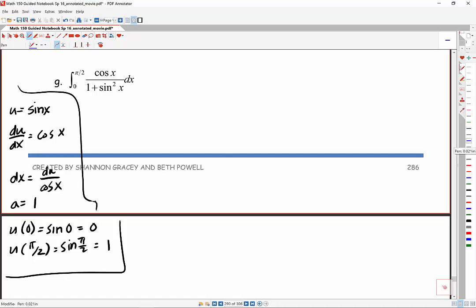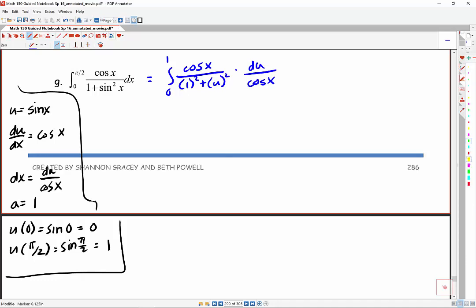So we'll have the integral from 0 to 1 of cosine x over 1 squared plus u squared, and in for dx we have du over cosine x.